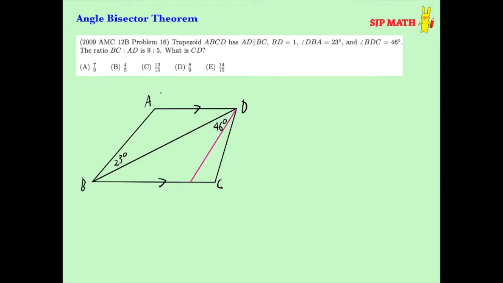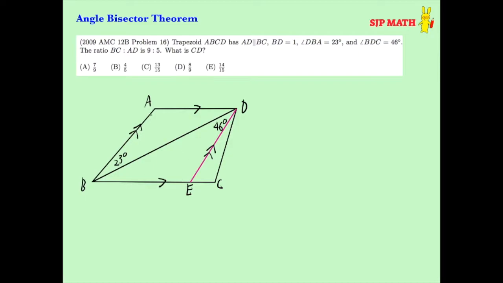And let's label this point E. So line DE is parallel to line AB, so ABED is a parallelogram. And then we see that angle DBA and angle BDE are alternate angles, so they're equal. Angle DBA is equal to angle BDE.